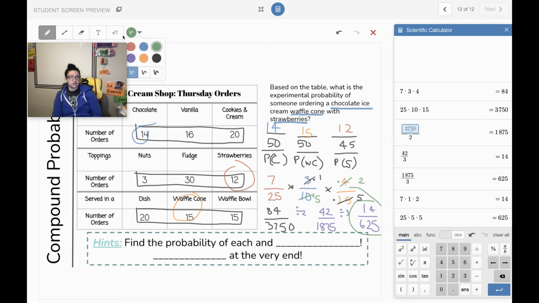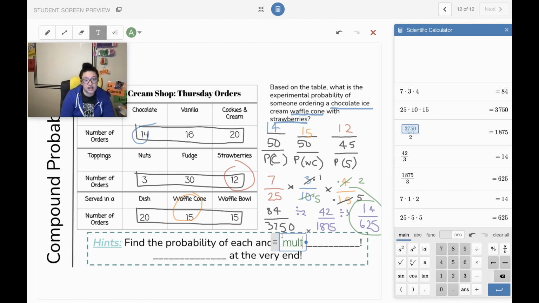The biggest thing to remember, ladies and gents, is you need to find the probability of each and multiply them together. And then make sure that you simplify at the very end. When we're taking our test, we'll give you partial credit if you don't simplify because you've got the right answer, it's just not the best answer.